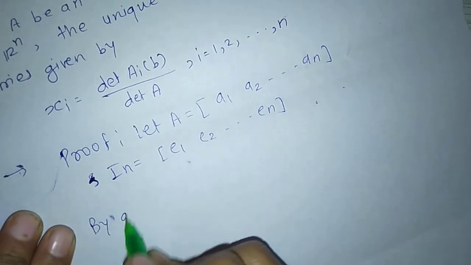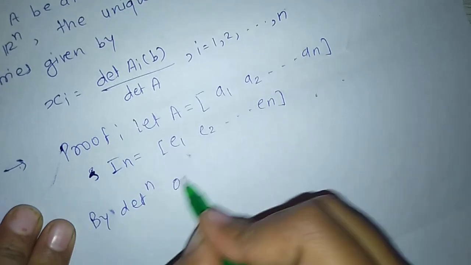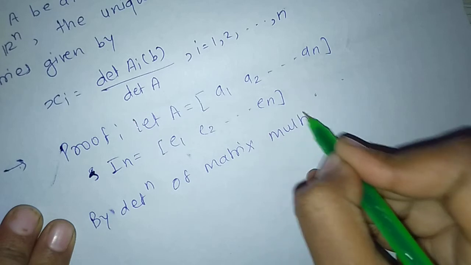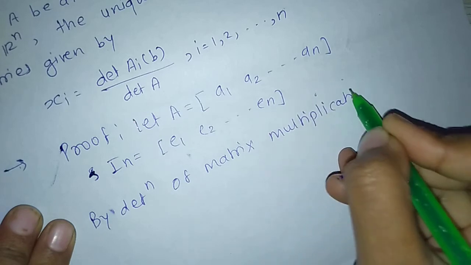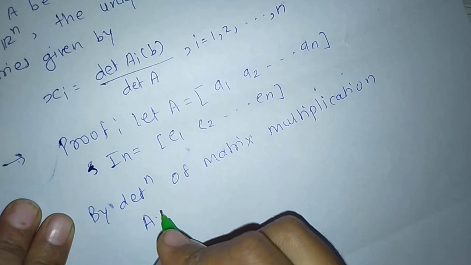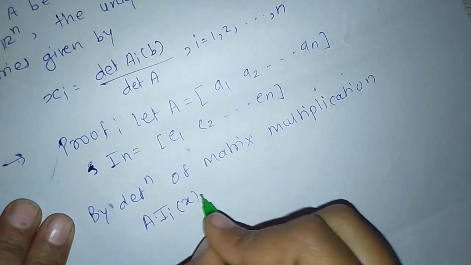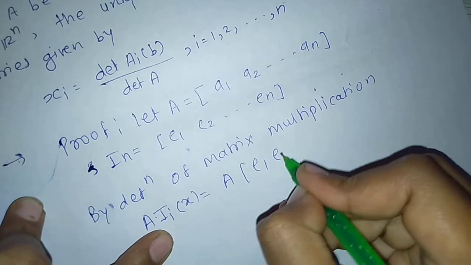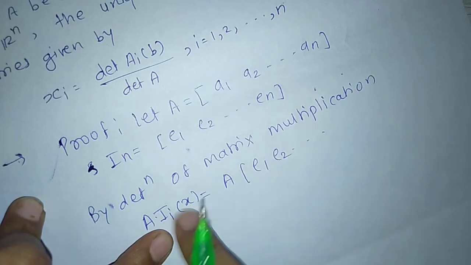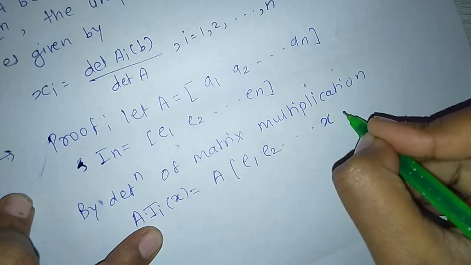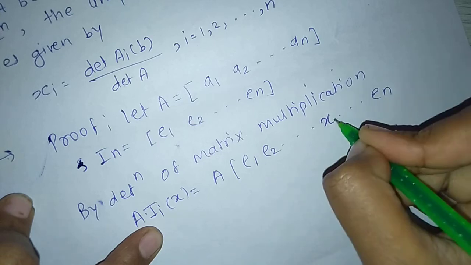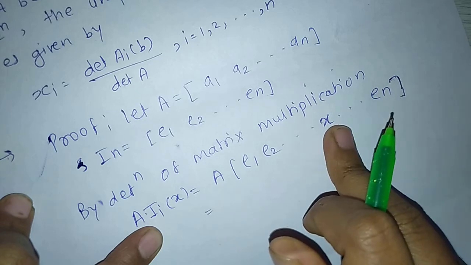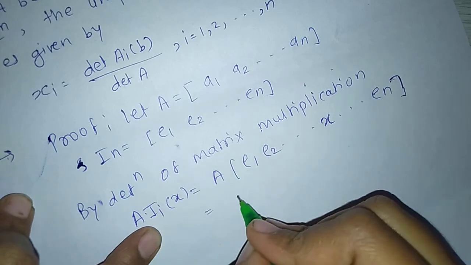By definition of matrix multiplication, A into I_i(x) equal to A into [e1, e2, and so on, with ith column replaced by x, and so on, en]. This is nothing but the ith column of identity matrix replaced by x.